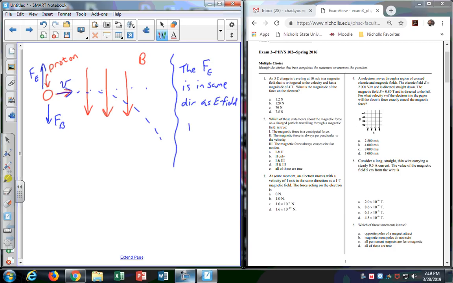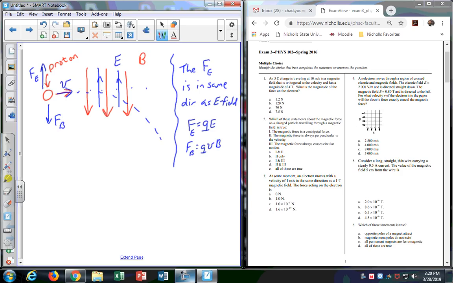And that force, F, is equal to QE, whereas this is FE. FB is equal to QVB. And so in this case, I need an electric field that is upwards in order to balance out that magnetic field. Is that right? Did I do that right?